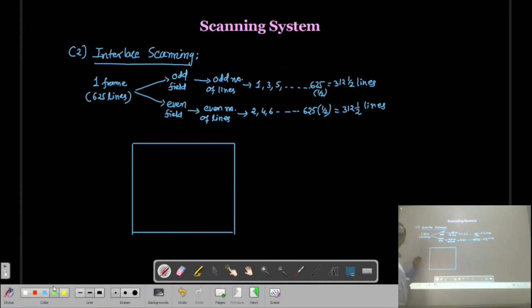So we have this frame. Now again, like progressive scanning, your electron beam will start from the top of the frame, left hand side.